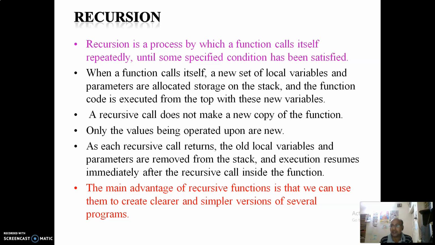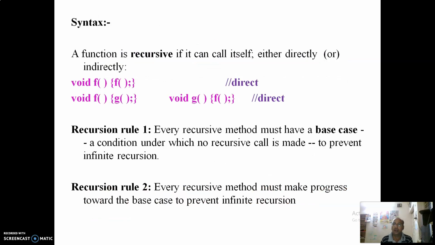The main advantage of a recursive function is that we can use them to create clearer and simpler versions of several programs. Syntax: a function is recursive if it can call itself either directly or indirectly.